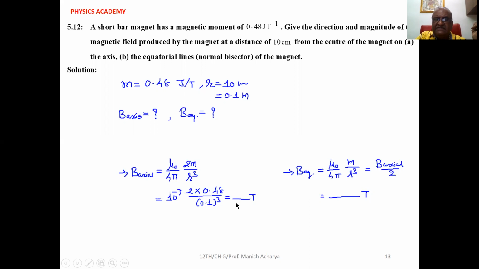So whatever is the answer here of B axial, divide it by 2, you will get the magnetic field at the same distance 10 centimeter on the equatorial line. Clear to all of you?